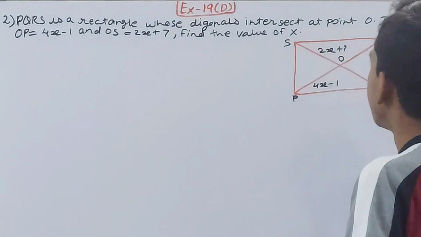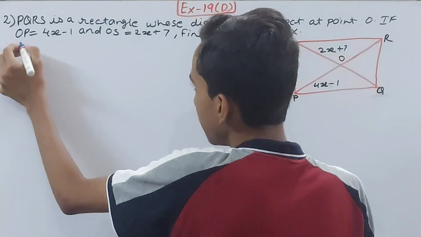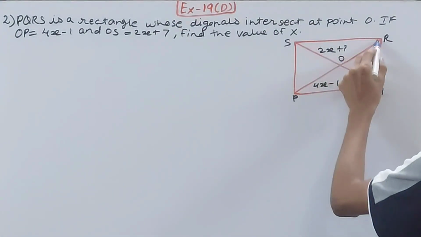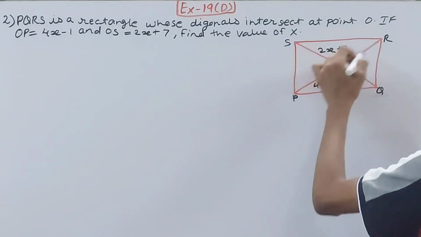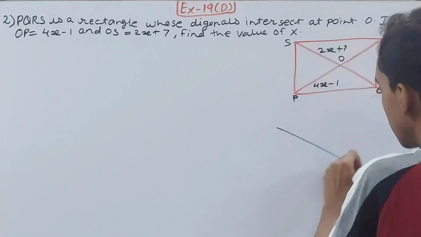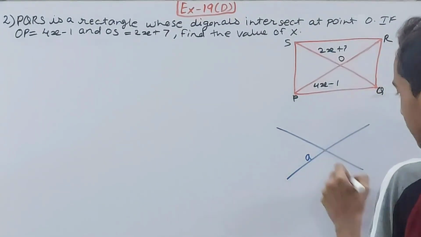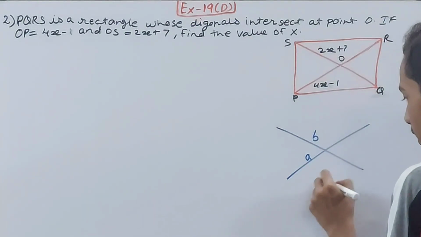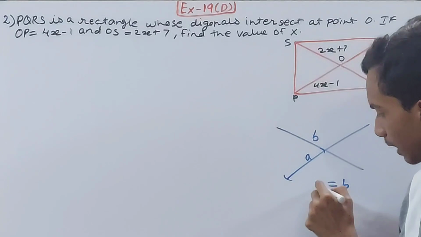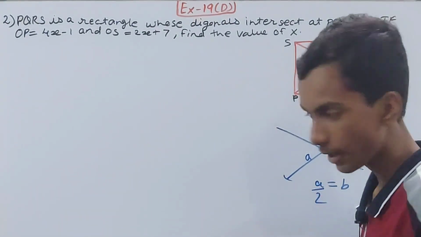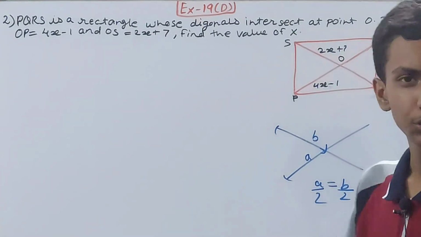So what are we supposed to do? First thing, let's write here. When the diagonals are equal and they bisect each other, of course if I make this diagonal and this diagonal, and if this entire diagonal is A and the entire other diagonal is B, then A will be equal to B. And if I take half of A, A by 2, and compare it with half of B, B by 2, they will be equal.